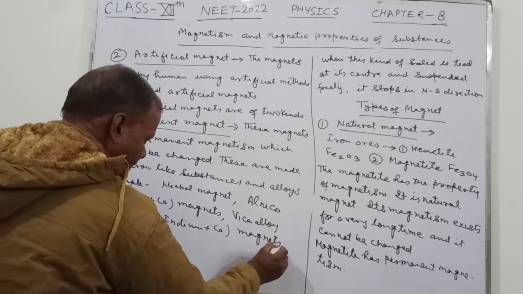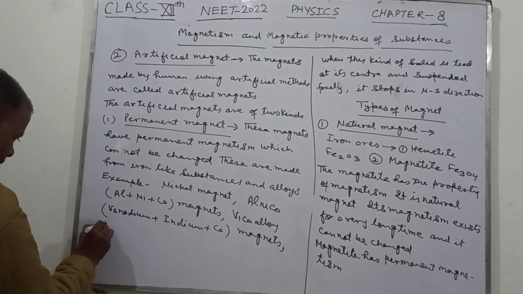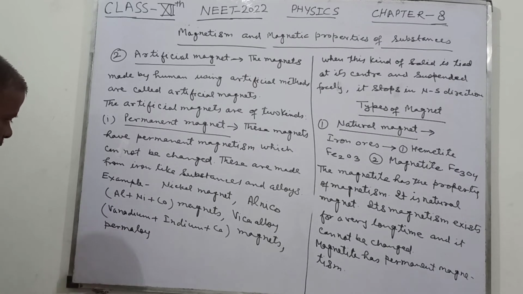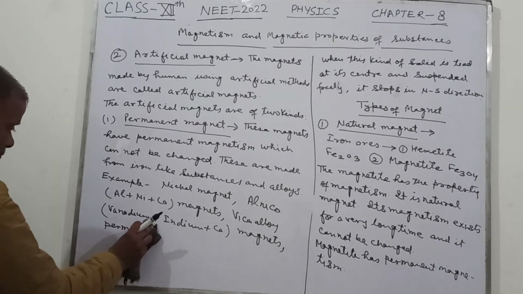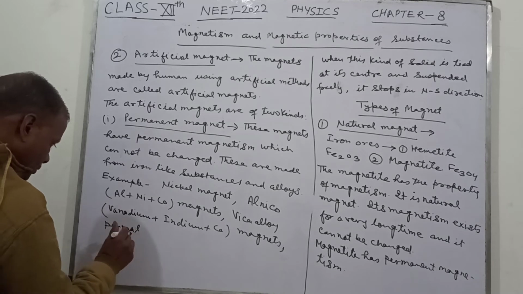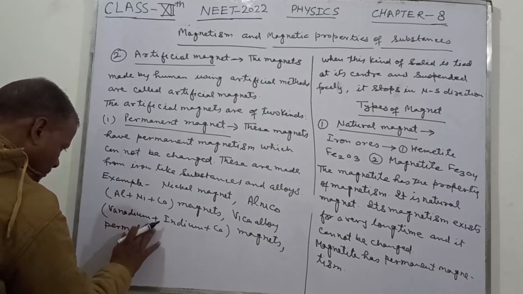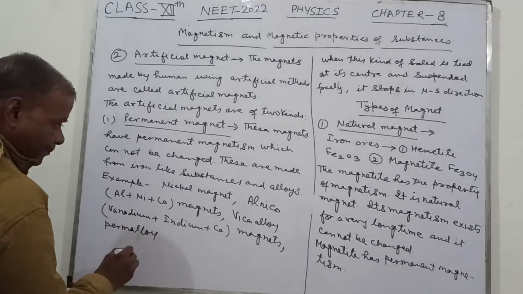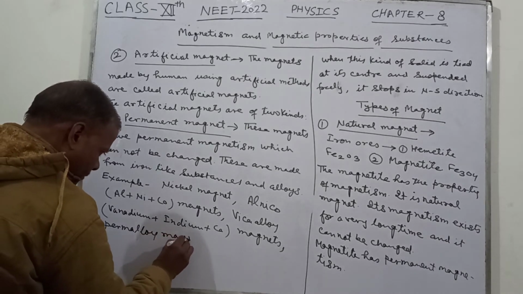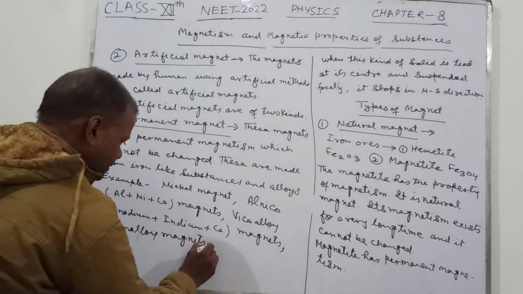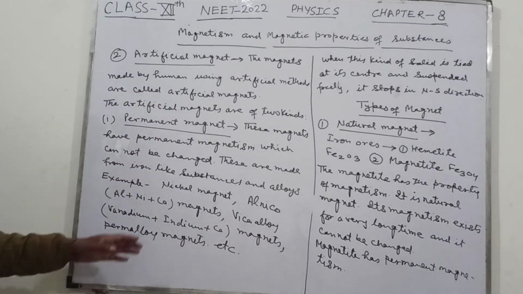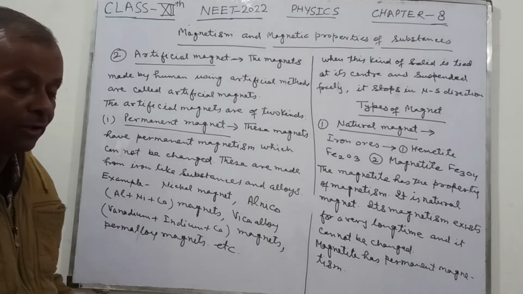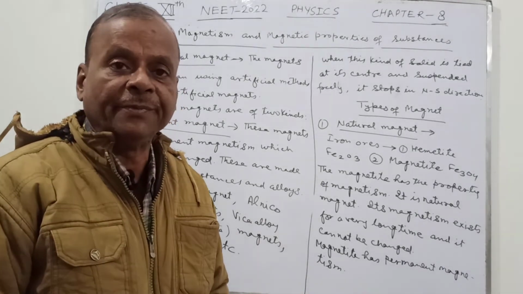Permalloy magnets, etc. When we use these substances, nickel, Alnico, Vicalloy and permalloy, then we are having the permanent magnets.